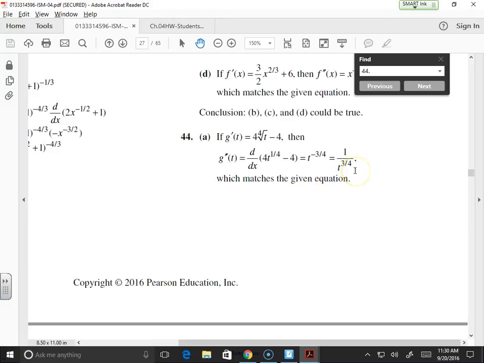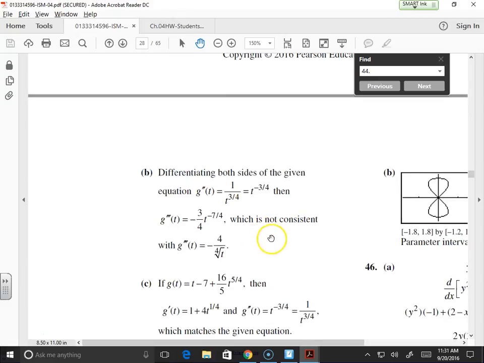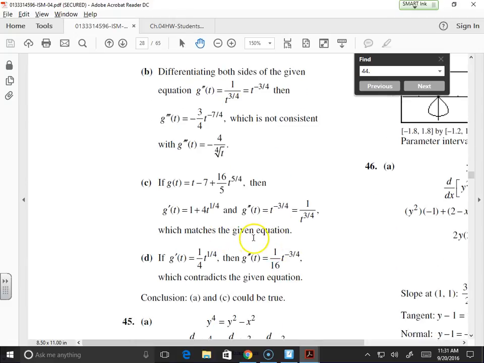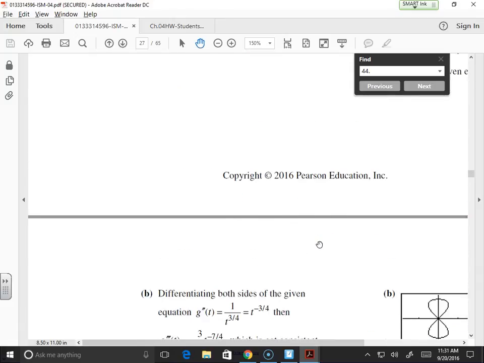It's A and C, right? B does not match. C matches. A and C could be true. D contradicts. I didn't understand how to do this one. Let's come back to it.